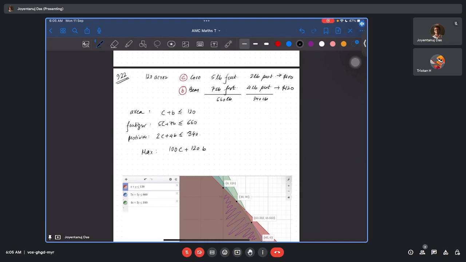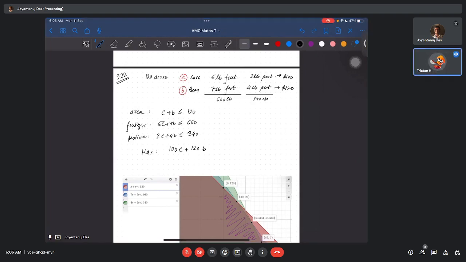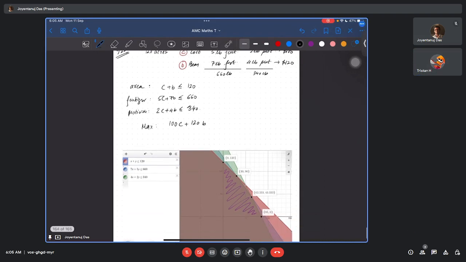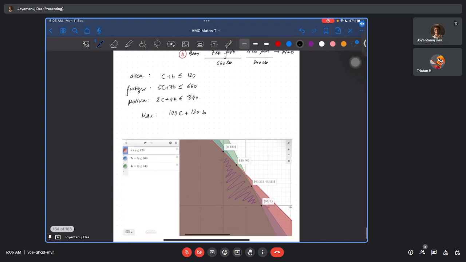One minute. Let us read the problem. So in the problem, it said C is corn and B is bean. Okay. So 5C... 7 is with B. 4 is with B. That is fine.